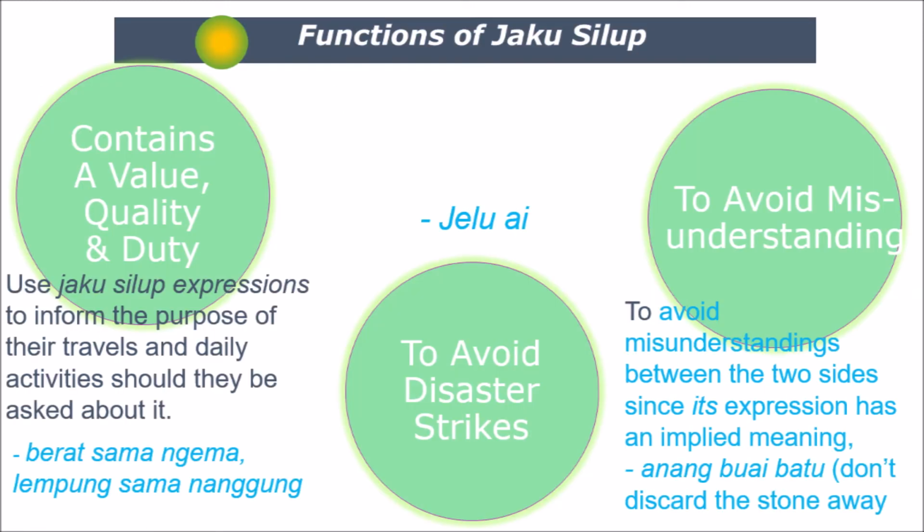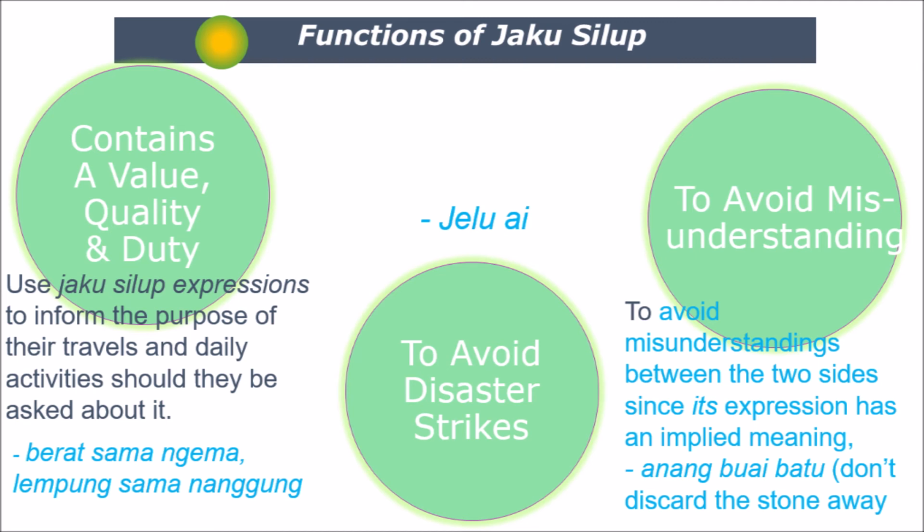Now, one important thing that we need to talk about this morning is the functions of Jaku Silup. What are the functions of Jaku Silup? There are quite a number. First, it contains a value, quality, and duty. So we use Jaku Silup expressions to inform the purpose of their travels and their daily activities should they be asked about it.